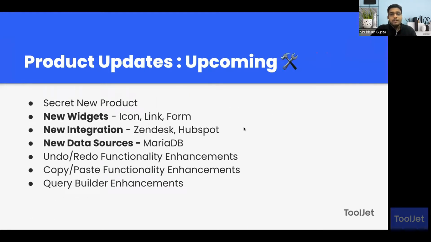So what's upcoming, right? One of these things, which we are not going to reveal, is a sort of secret project. It's something very huge, which will improve the experience of using ToolJet by 10x, right? This will not just be useful for the end customer, but also for individual community members.